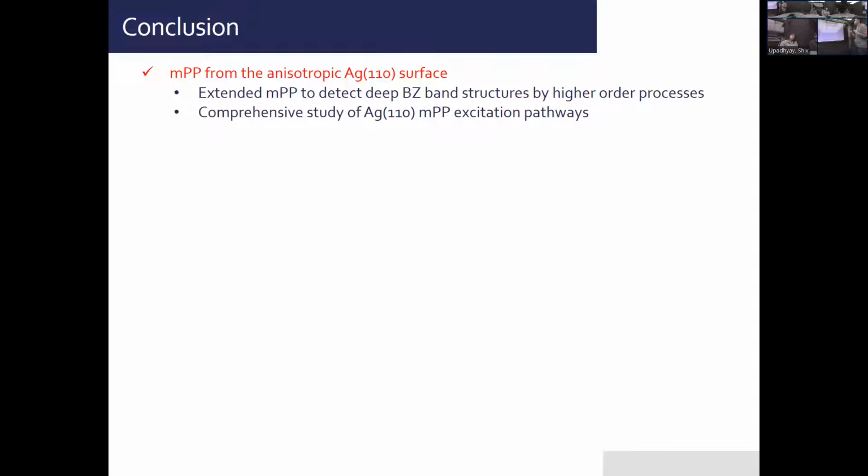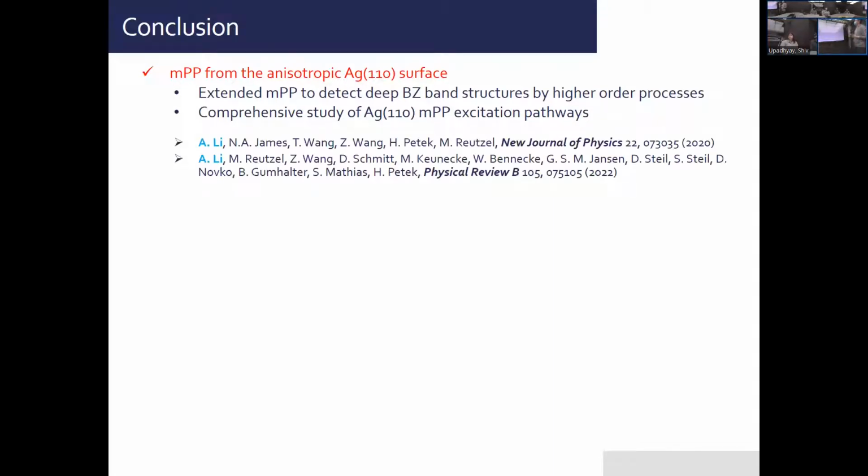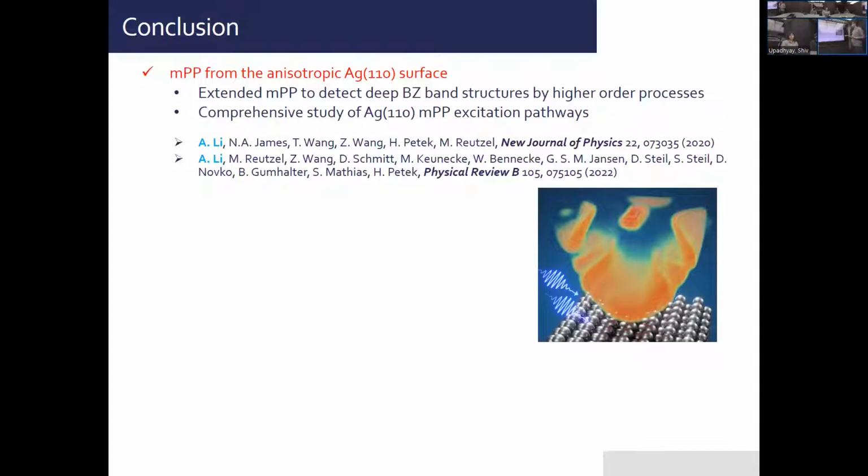The technique and the research have been published in two separate papers. And this is a 3D photoelectron spectrum taken from the data, where these are the two-dimensional momentum range, and this is the energy range, so it's drawn in a 3D way.